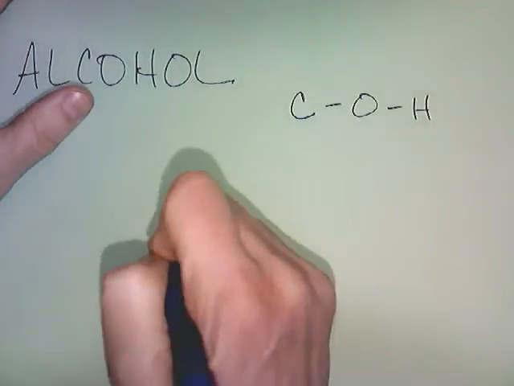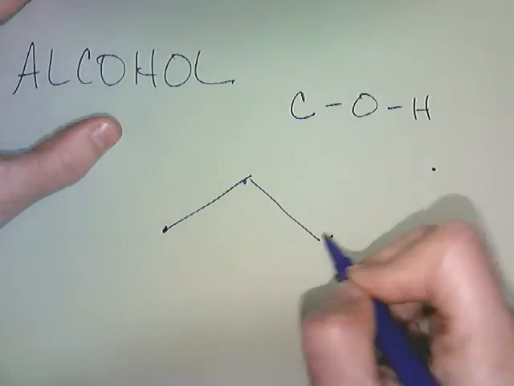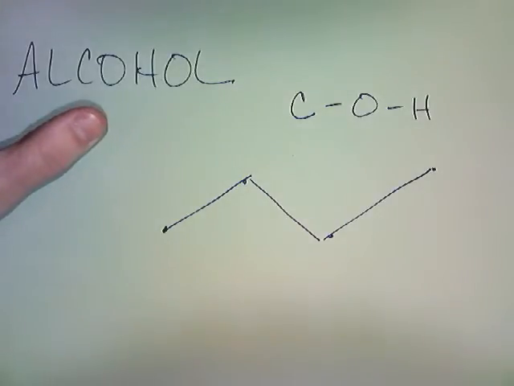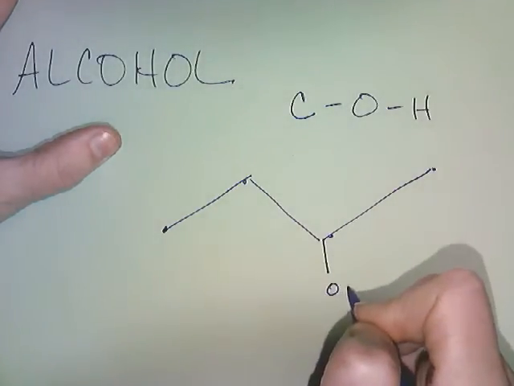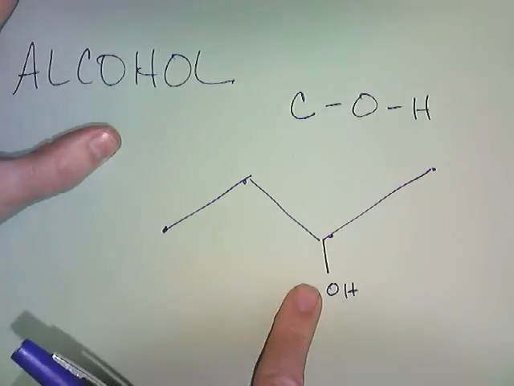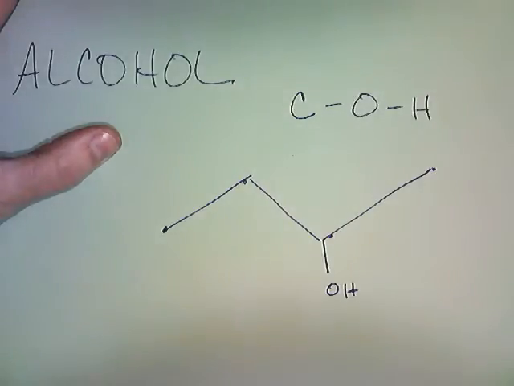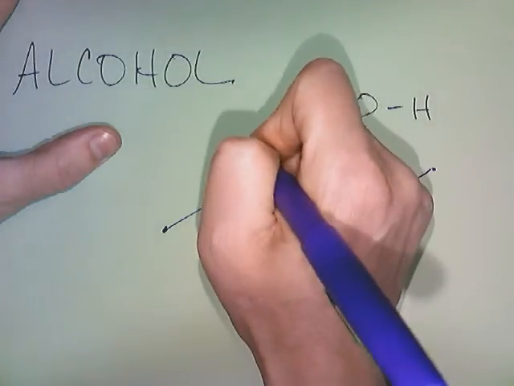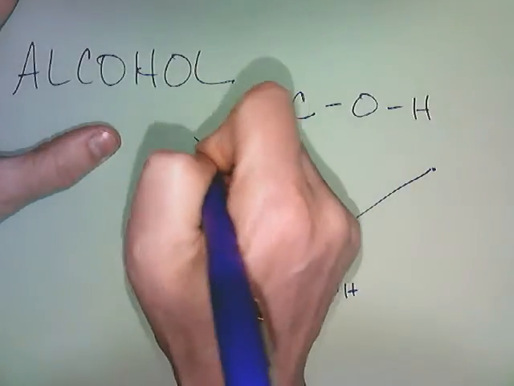And so just simply put, if we wanted 4 carbons again, the alcohol would be identified by the OH bonded to the C. That would be the functional group, and then maybe we even have a methyl group attached as well.